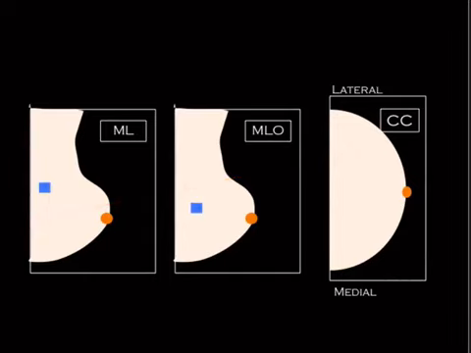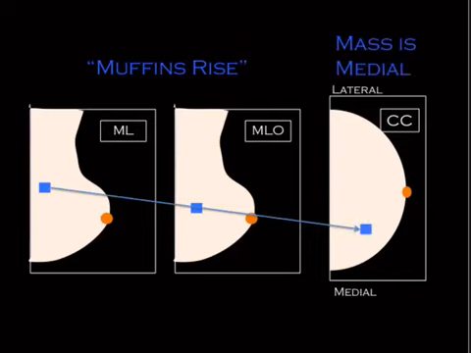If you made your finding in the MLO view, you had the tech perform an ML, you noted that the lesion rose, that means that when you look on the CC or on the patient, you're going to find that the lesion will be medial. So M for muffins, muffins are said to rise, M for medial, and that's the way that people remember it here. Lead sinks, muffins rise.